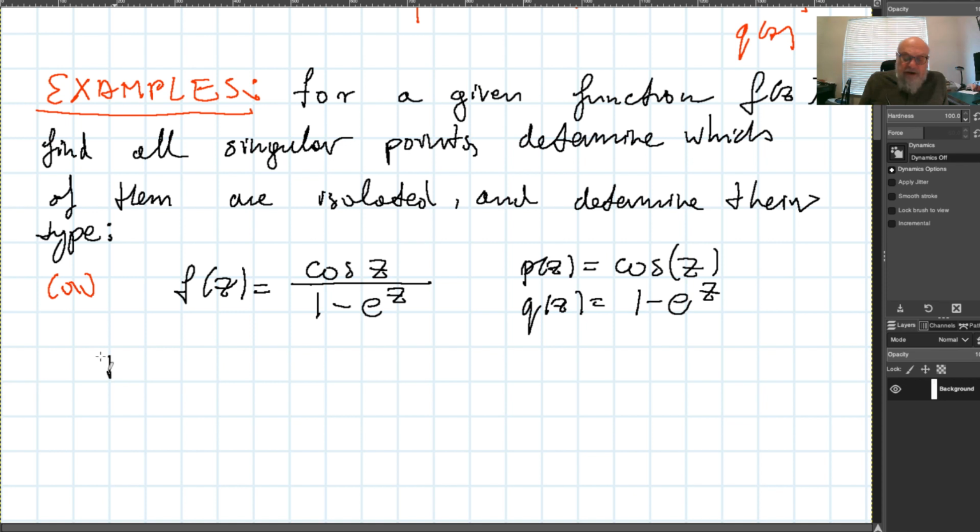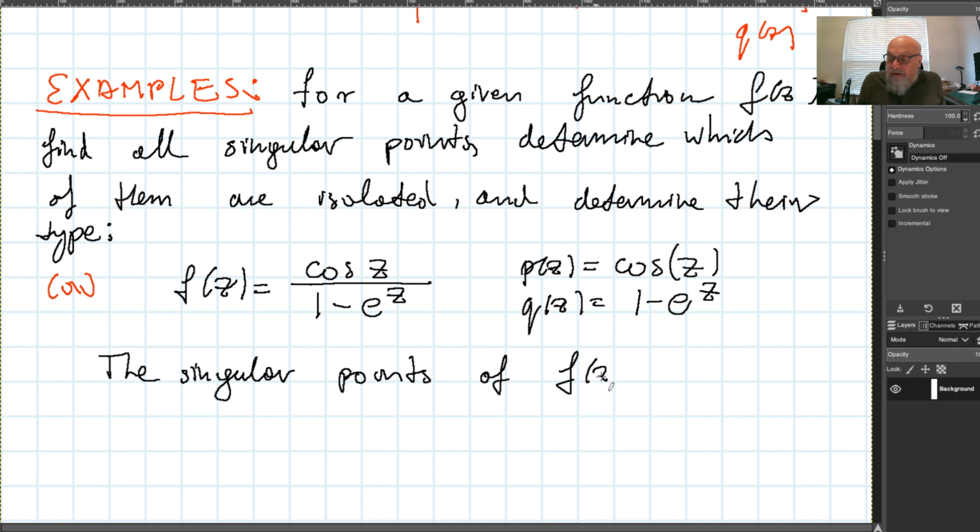So the singular points of f of z are the zeros of q of z.